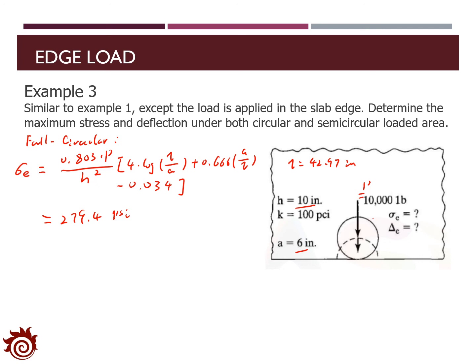In addition, we can estimate the maximum deflection, delta E equal to 0.431 P divided by K times L squared, times 1 minus 0.82 times A over L. We know K equal to 100 psi. Also, we know the value of L, P, and A. So that gives us the value as 0.0207 inches.